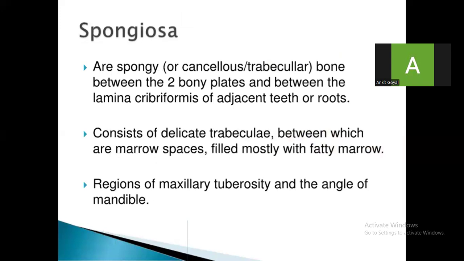Spongiosa is the spongy bone between the two bony plates and between the lamina cribriformis of adjacent teeth or roots. This consists of delicate trabeculae between which are marrow spaces filled mostly with fatty marrow, in regions of the maxillary tuberosity and the angle of the mandible.